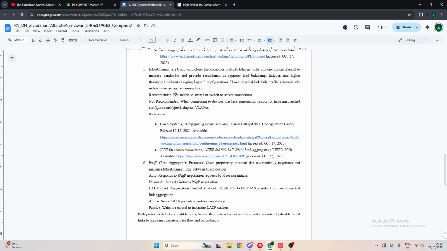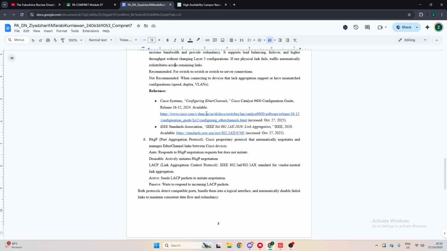For example, instead of a 1 gigabit link, 4 parallel links can act as a single 4 gigabit connection. This design increases bandwidth, enables load balancing, and adds redundancy. If one cable fails, the traffic keeps flowing through the others. So instead of just one powerful cable, there are separate cable links that create the same effect.